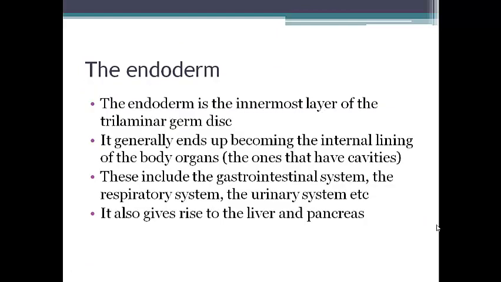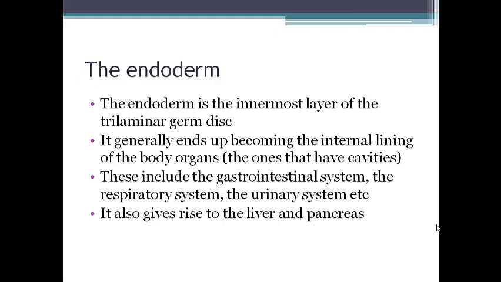Okay, now the last layer we're going to look at is the endoderm, which is the innermost layer of the trilaminar disc, and this one's easy because what it does is that it becomes the internal lining of the body organs, specifically organs that have cavities. And the reason for this is that if the organ has a cavity, then that most likely means that it has something flowing through it.